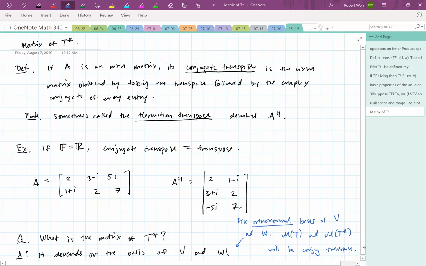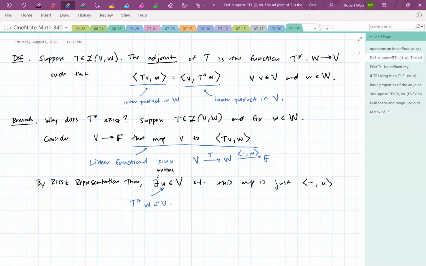But that's not a good definition because it depends on a choice of basis. Whereas the definition of the adjoint did not depend in any way on any choice of basis for V and W. So this abstract definition of the adjoint is a better definition because it's basis free.